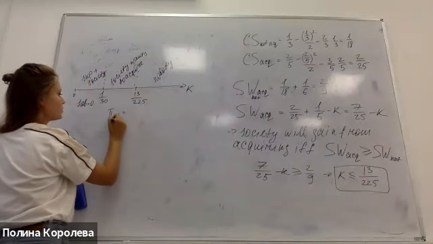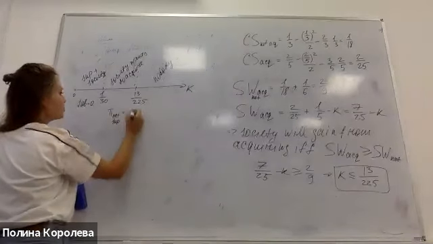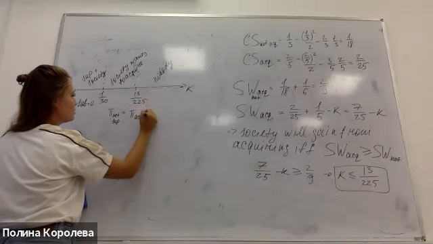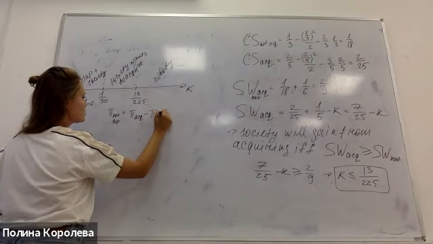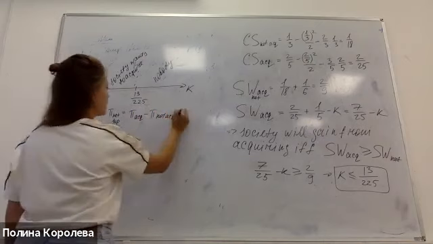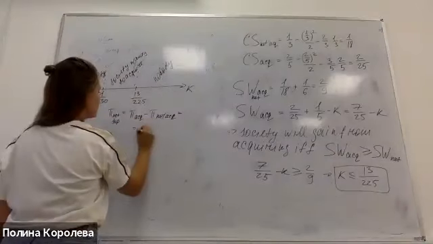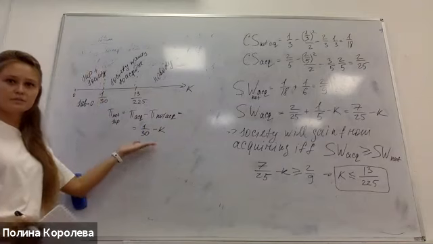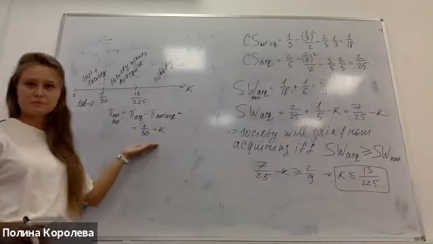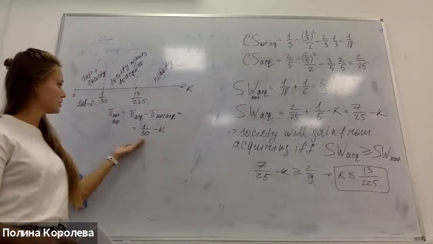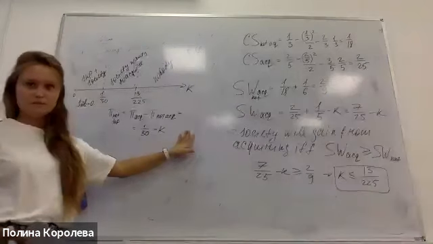Net profit of our supermarket will be profit if it acquires minus profit if it does not acquire, and it will be 1 divided by 30 minus k. We counted it. Net profit, gain. If it is less than 0, it is a loss, yes? If it is greater than 0, it is a gain.